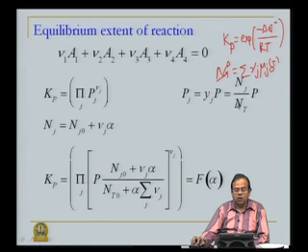And what is N_t? The total number of moles is nothing but the summation of N_j, which is the summation of N_j0, which I have called N_t0, the total number of moles initially present, plus the summation of nu_j into alpha. So, I can write it as alpha times the summation of nu_j. My equilibrium constant is now the total pressure P into this function, which represents the mole fraction N_j by N_t raised to nu_j, because that is my definition of equilibrium constant.